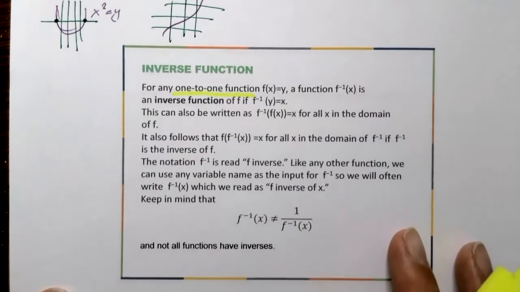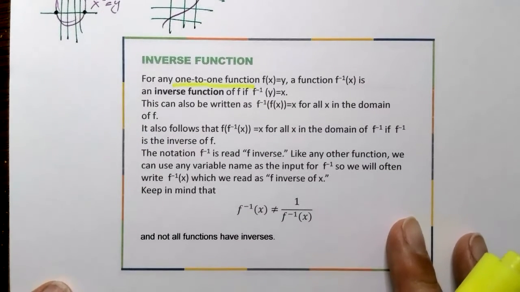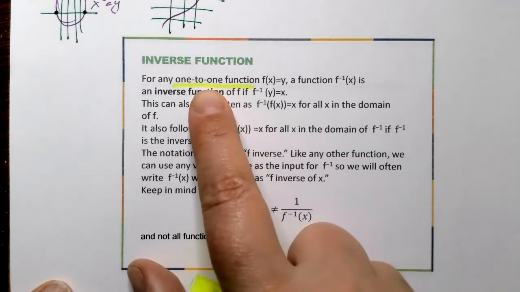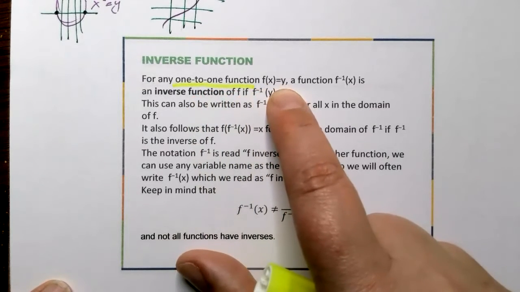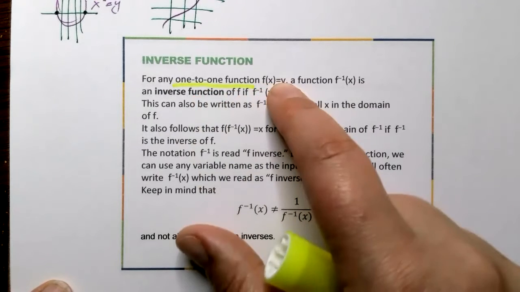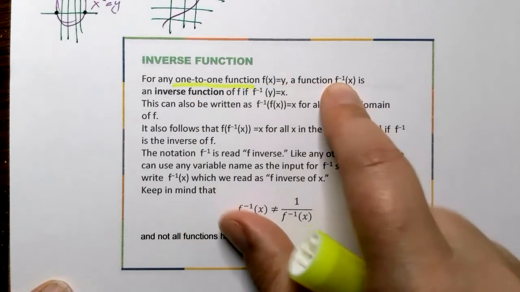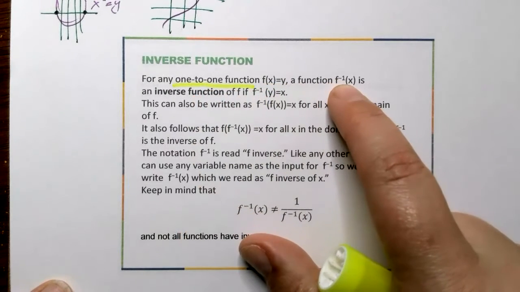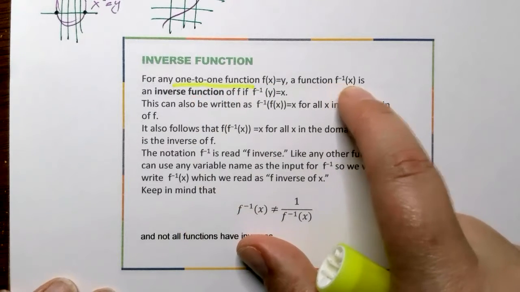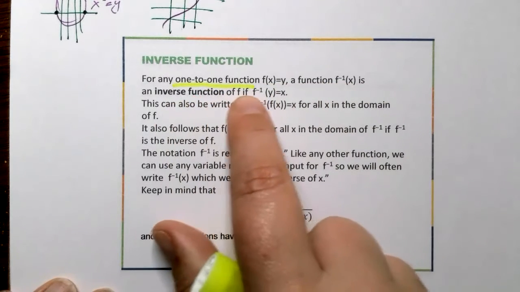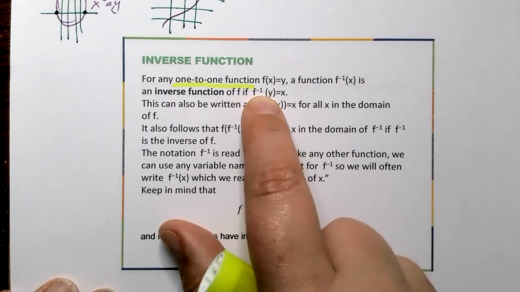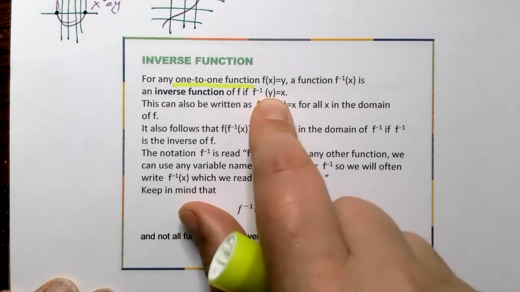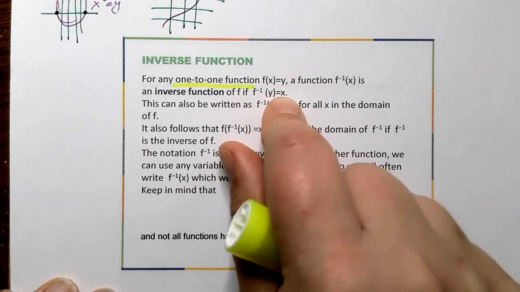So back to our inverse function description. It says for any one-to-one function f of x equals y, so the input is x, the output is y, a function denoted with f to the negative 1 of x is an inverse function if the inverse function takes in y and spits out x.